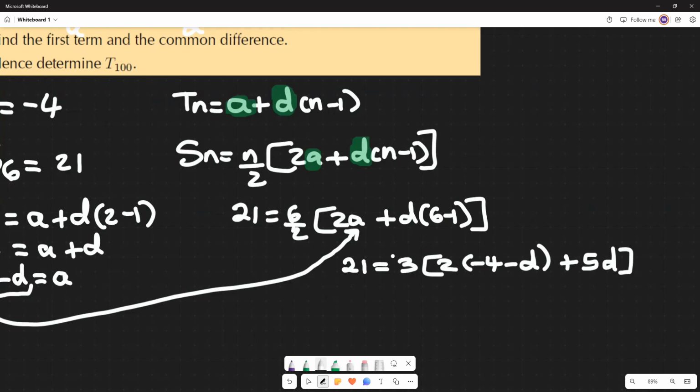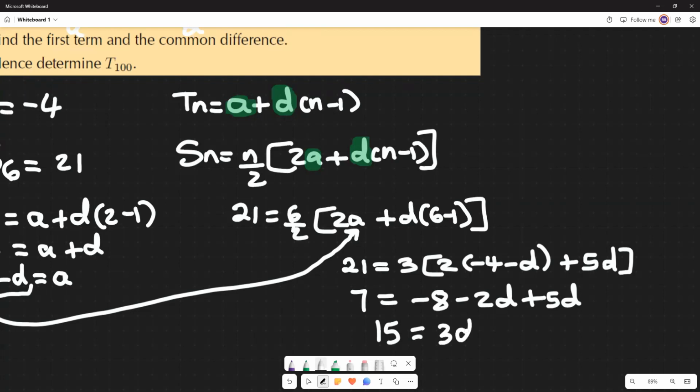Then I'm going to divide. Some people prefer to FOIL, but I'm going to divide here. 21 divided by 3 gives me 7. And then I'm left with FOILing: -8 minus 2d plus 5d. Then I take the 8 that side, so 7 plus 8 is 15. This minus this plus that gives you 3d.